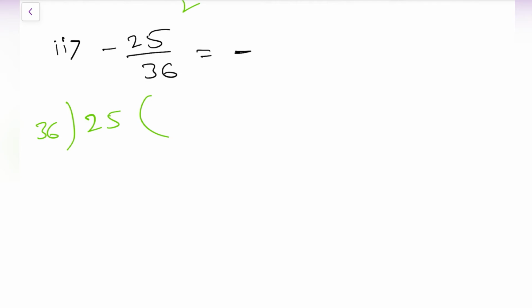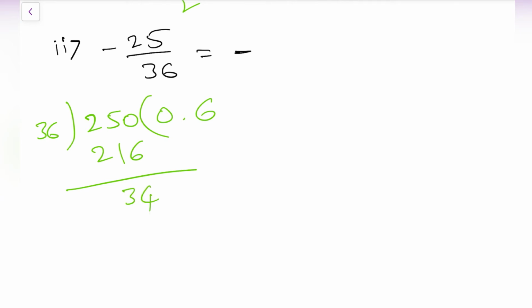Now if we observe in 36 table 25 won't come anyway, so 0 point, here 0. 36 sevens will become 252, so 36 6s, 216. So 250 minus 216 is nothing but 34.